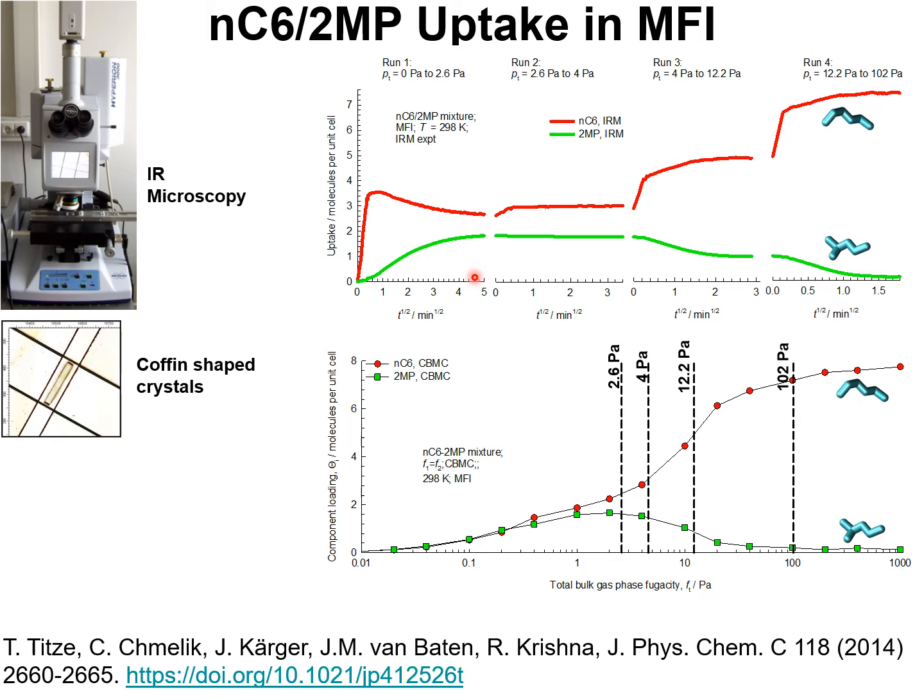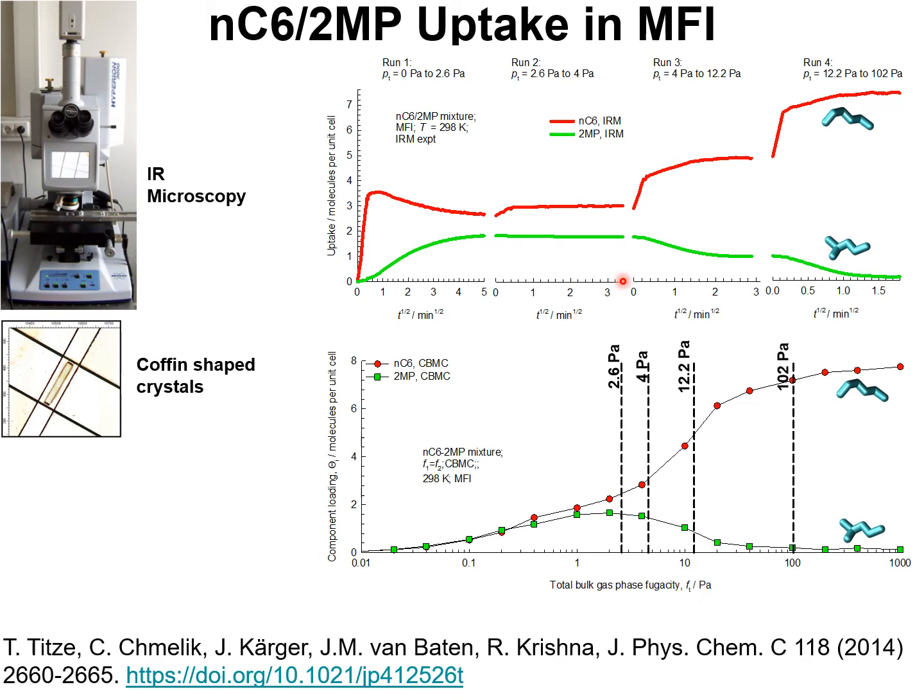After the crystals have equilibrated, the bulk gas phase pressure surrounding the crystals is increased from the equilibrated value at 2.6 pascals to 4 pascals. And then the uptakes of normal hexane and 2-methylpentane were monitored using IRM, and the results are shown in this portion of the graph.